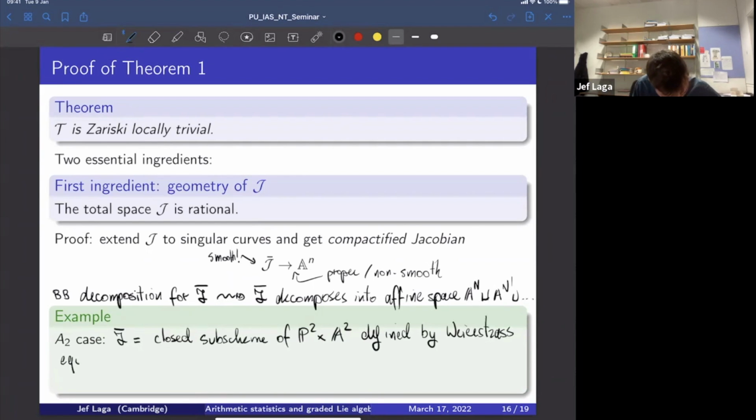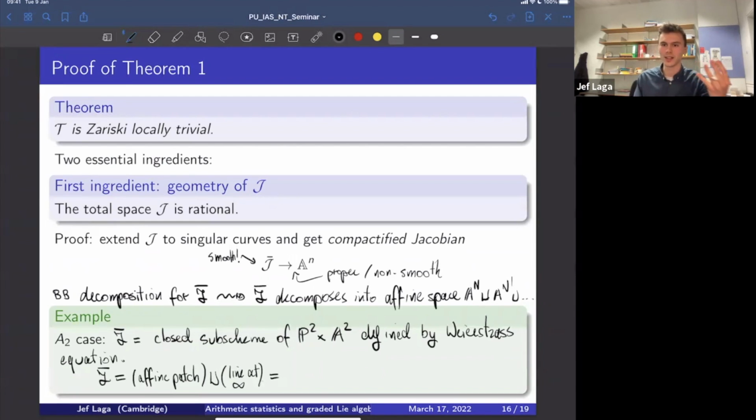And here we can see very easily that this has simple geometry, because for this space, you can look at the standard affine patch of x and y, and the patch at infinity, so the line at infinity. If you intersect this with the defining equation, the first one is given by quadruples x, y, a, b that satisfy the Weierstrass equation.